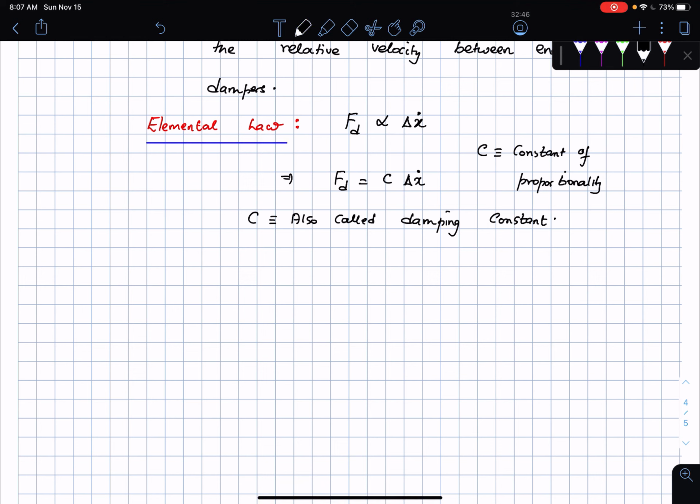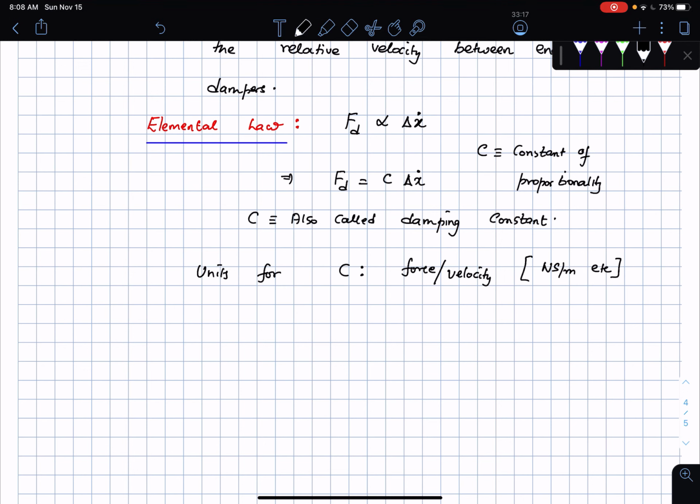The units for c are going to be force divided by velocity, so this is going to be newton seconds per meter, or pound seconds per foot or pound seconds per inch, depending on what unit you're using. I'm just going to leave it at that.